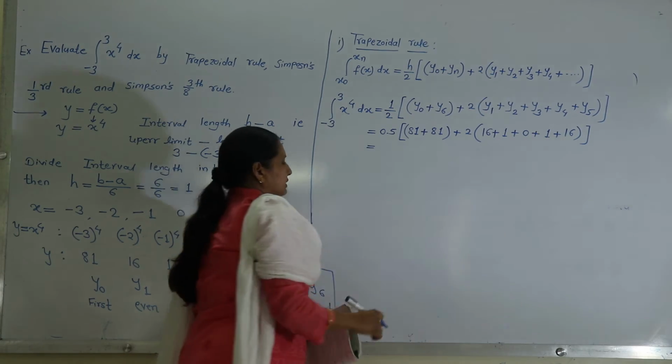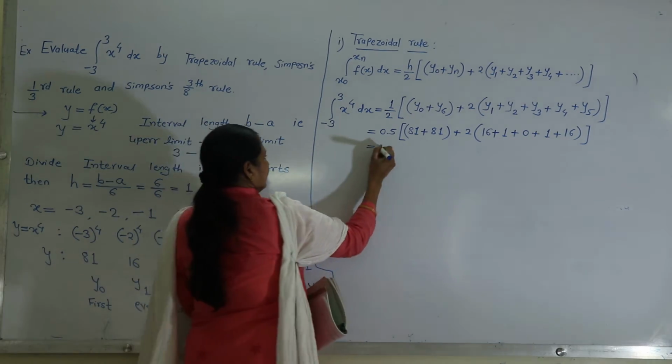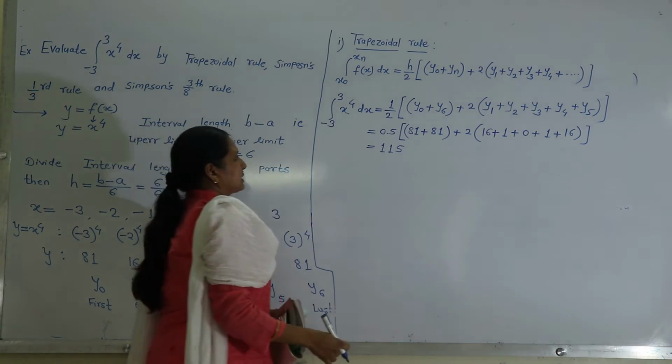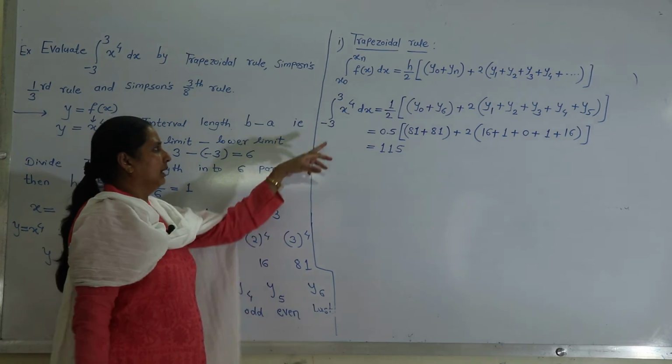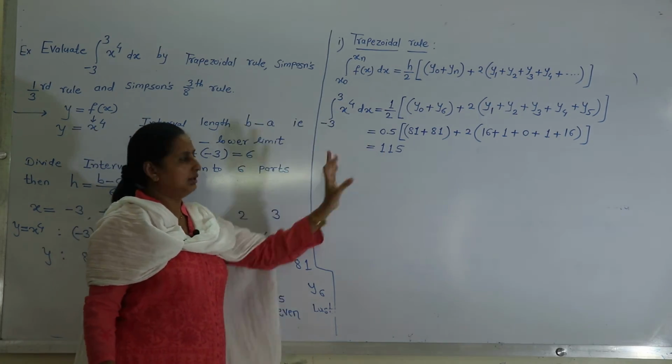And after calculation the answer will be 115. Means the integration of x raised to 4 between -3 to +3 is 115.